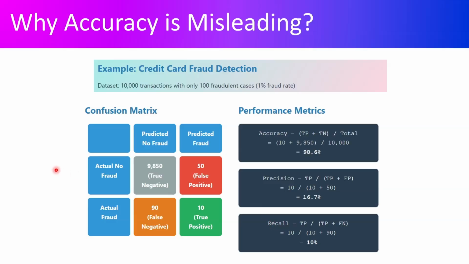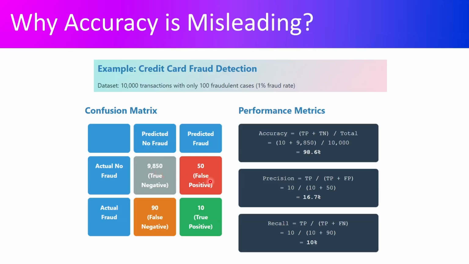Now let us look at the credit card fraud example and understand what precision and recall are. So here you see the confusion matrix. In the confusion matrix, we have true negatives, false positives, false negatives, and true positives. Your true negatives are non-fraud transactions that our model also predicted to be non-fraud. That is 9850 in our case.